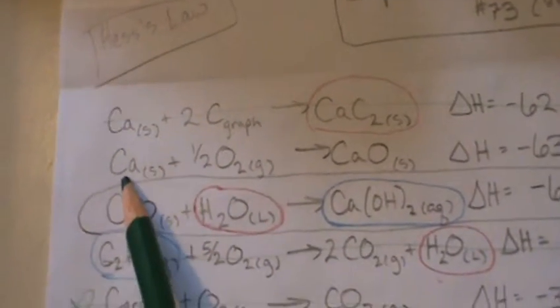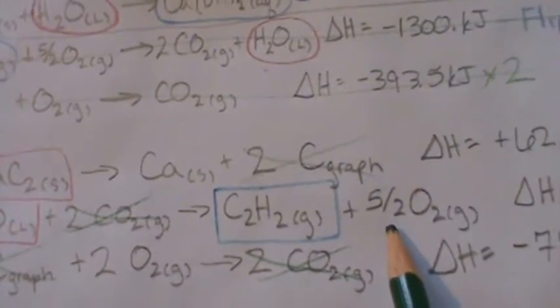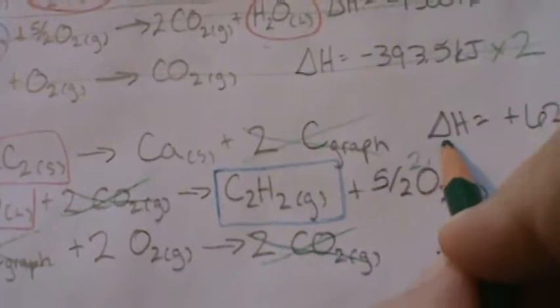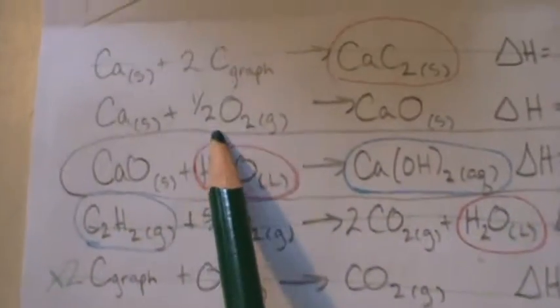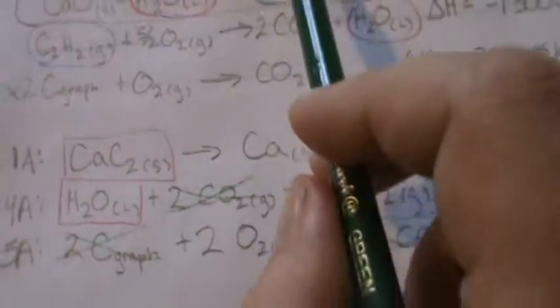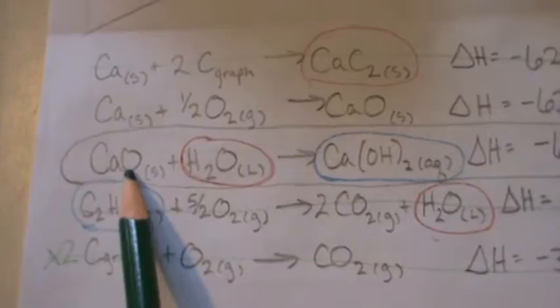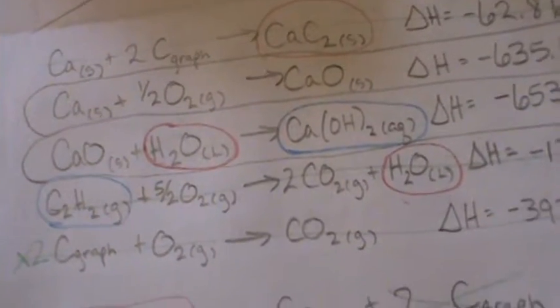Here I have a calcium in my reactants and a calcium in my products. 5 halves is the same as 2.5. I have 2 oxygen units here and half of an oxygen unit here. That becomes 2.5. And I have calcium oxide here and calcium oxide here. So I am going to be able to use this equation without altering it as well.